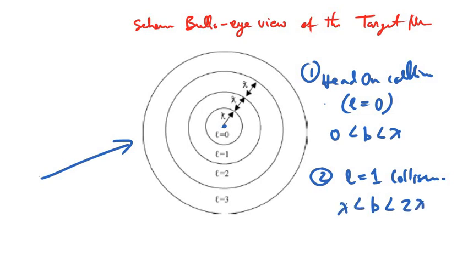Students, are you understanding this? You see I am using the different zones. This is the L equal to 0 head-on zone, and this is the L equal to 1 zone. So basically what we observe is that the cross section is larger for larger impact parameters, and these larger impact parameters are associated with larger angular momentum.